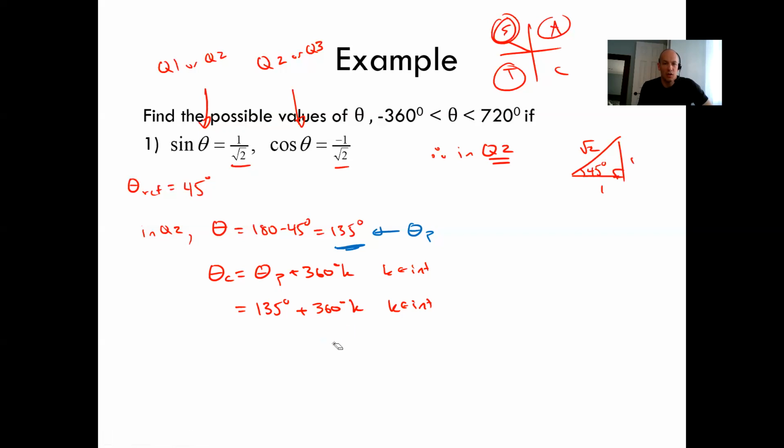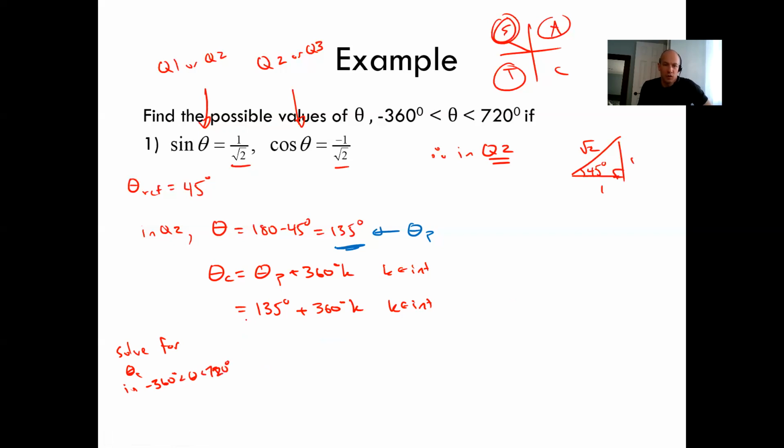But because we've got the domain restriction, we're going to solve for theta c, the coterminal angles, in the domain negative 360 is less than theta less than 720.